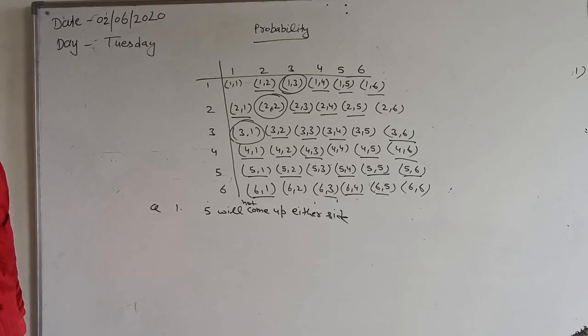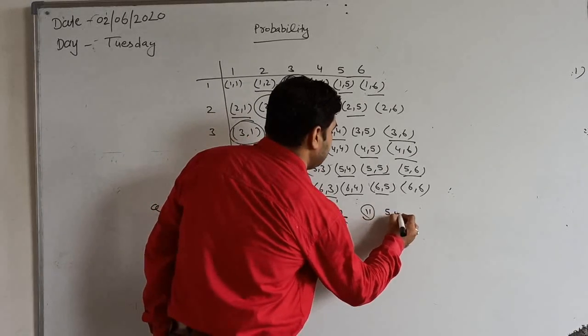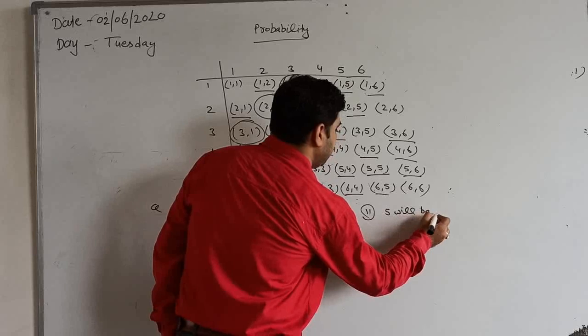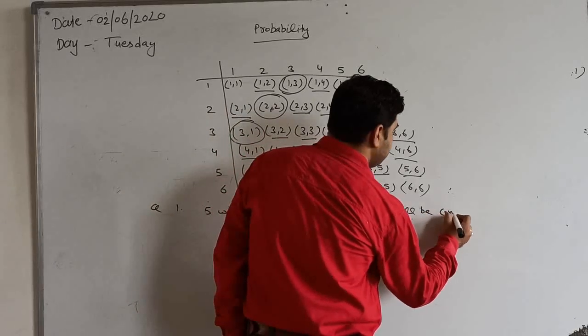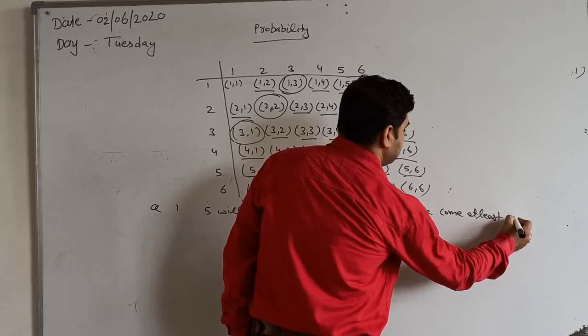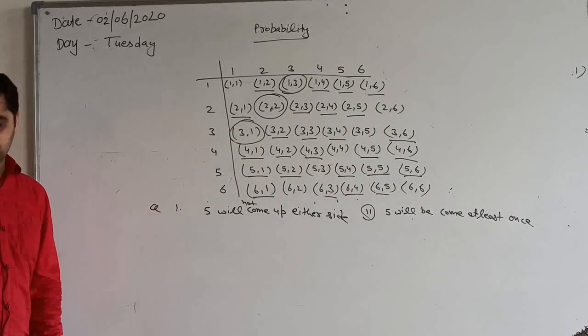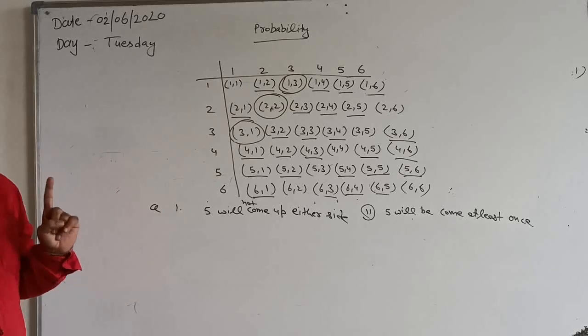Next, the second part: 5 will come at least once. At least means one time it comes out.